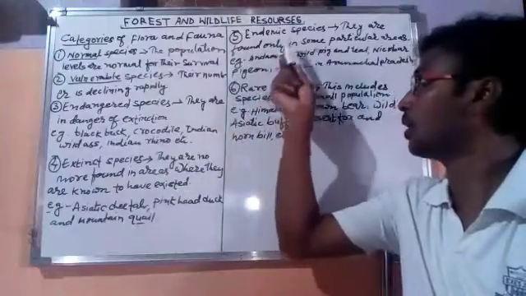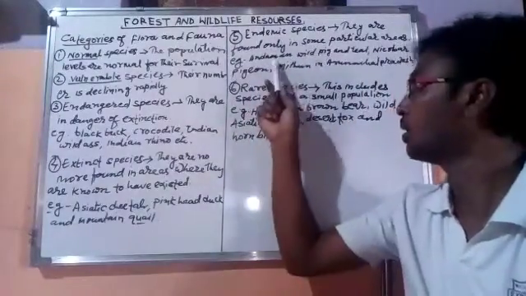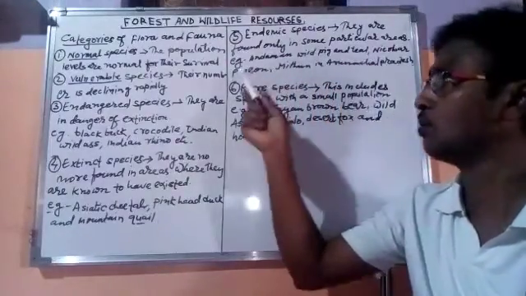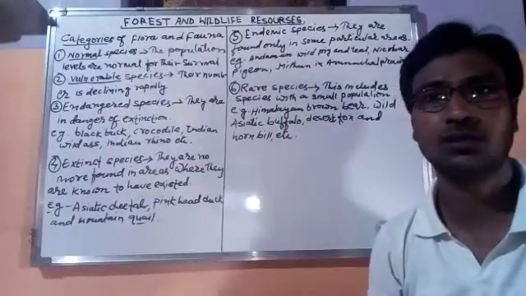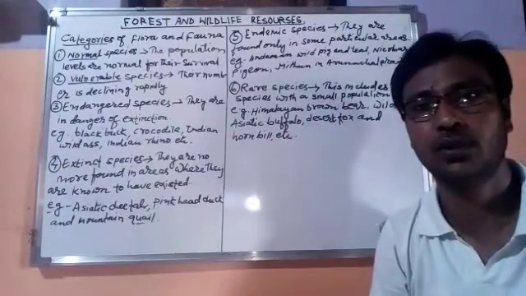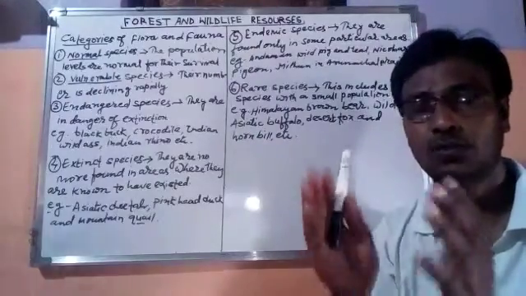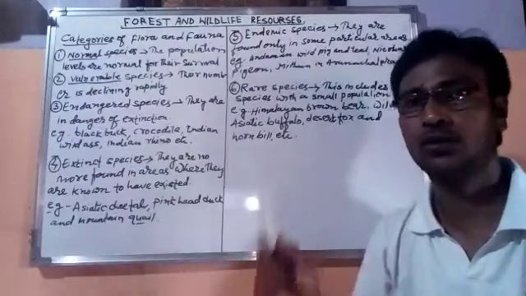Examples are the Andaman wild pig, teal, Nicobar pigeon, and Mithun in Arunachal Pradesh. These are animals which are endemic to a particular area, which means they are found only in some particular part of the earth.